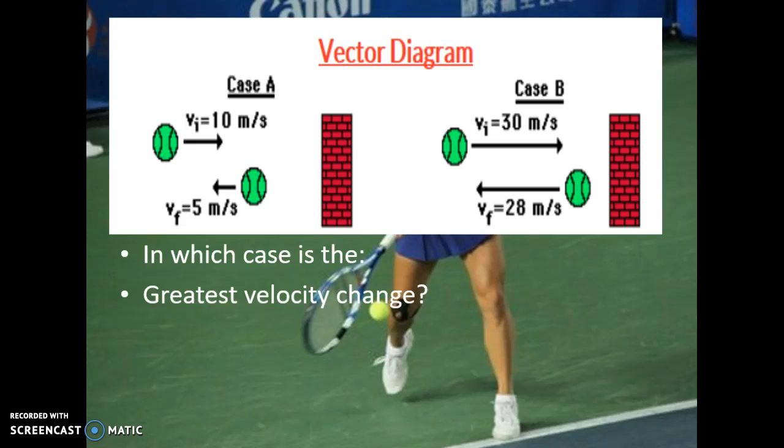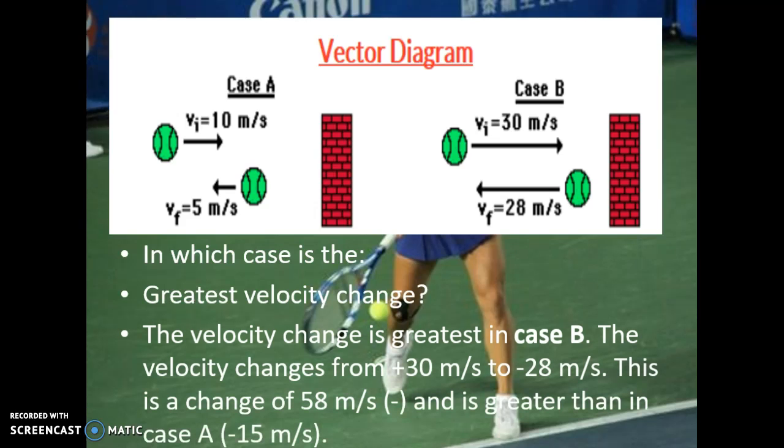You might want to pause and have a think about that. So definitely in B, the velocity changes from 30 to negative 28 meters per second, which is a change of 58 meters per second, which is bigger than from 10 to negative 5, which is a change of negative 15 meters per second.